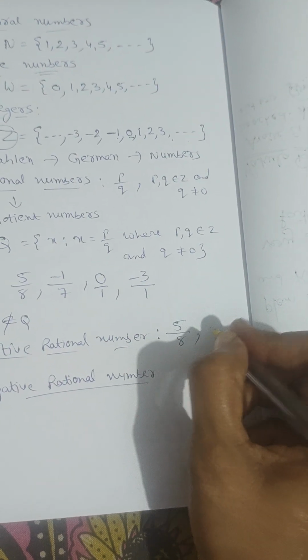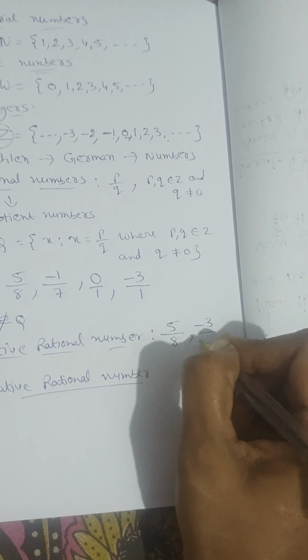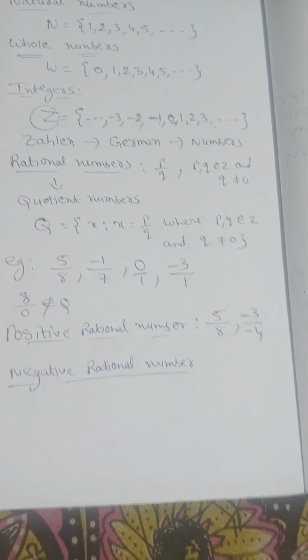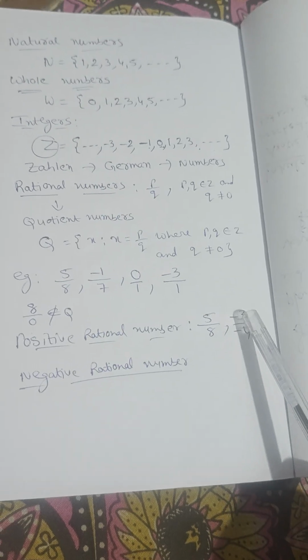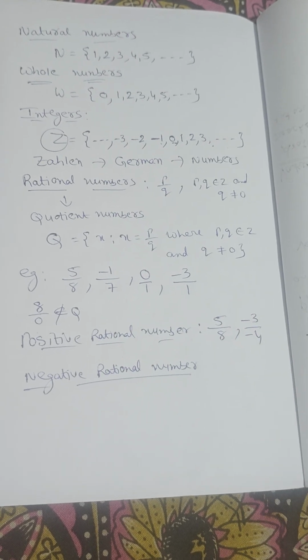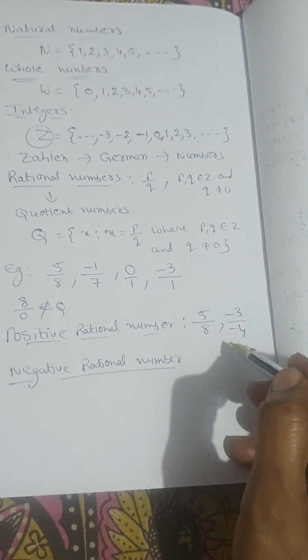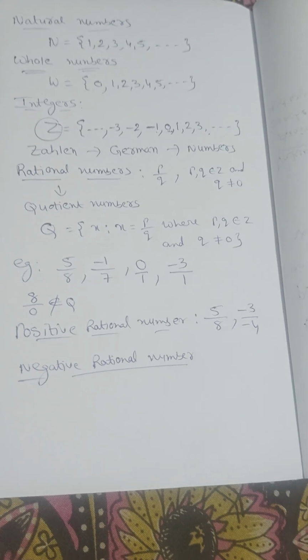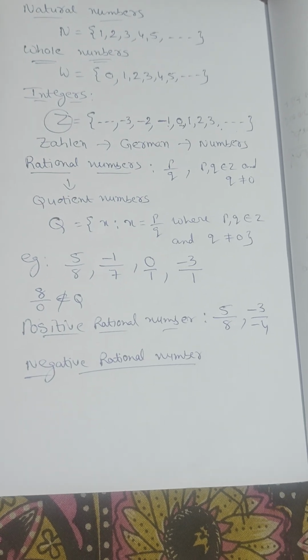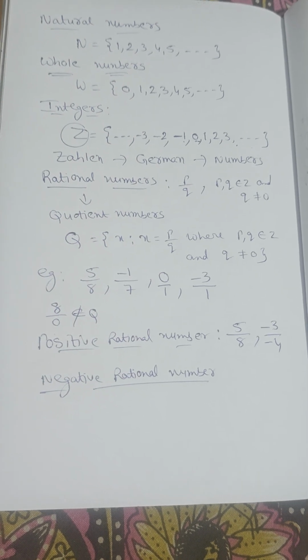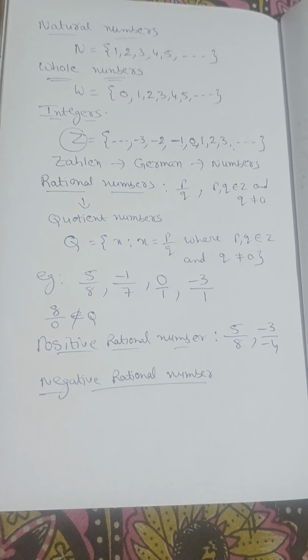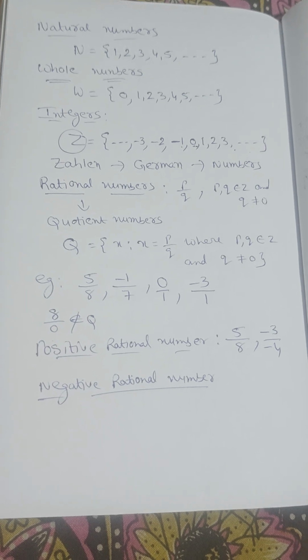Minus 3 by minus 4 is also a positive rational number. Why? Because both numerator and denominator contain the same sign. If the minus signs are cancelled, again you will get 3 by 4. So if the numerator and denominator of a rational number contain the same sign, then it is a positive rational number.